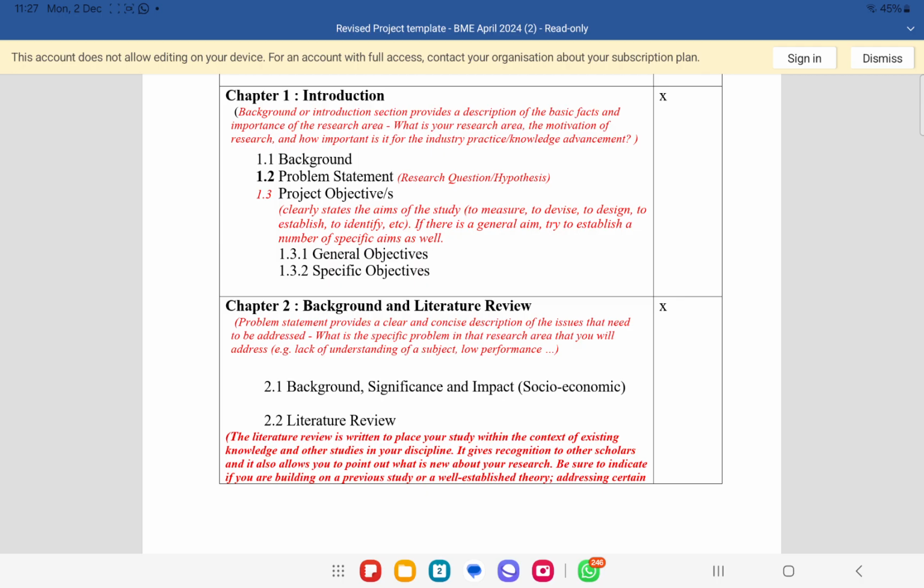For example, if it's related to developing some medical product, let's say a blood pressure monitor, just give them some basic knowledge related to the heart mechanism and how the blood flow mechanism works, like the blood pressure, etc. Very, very short and brief, but it will give an overall idea to the reader.